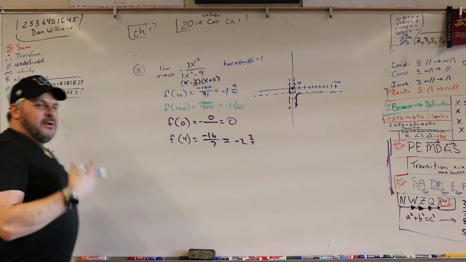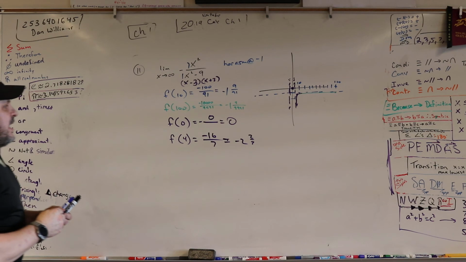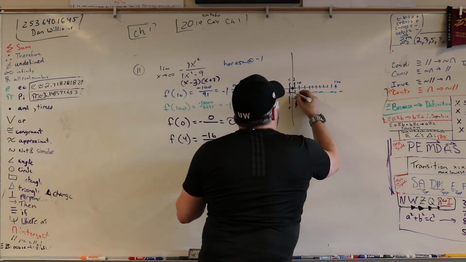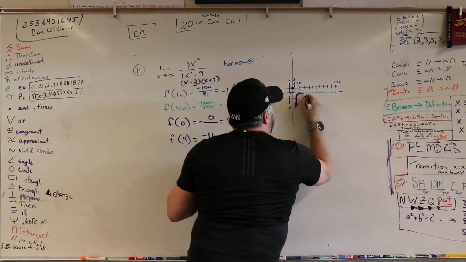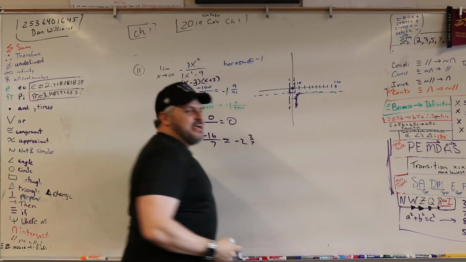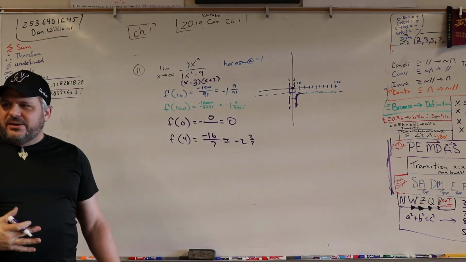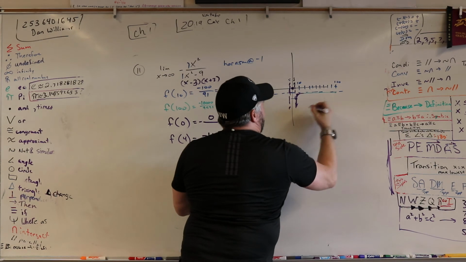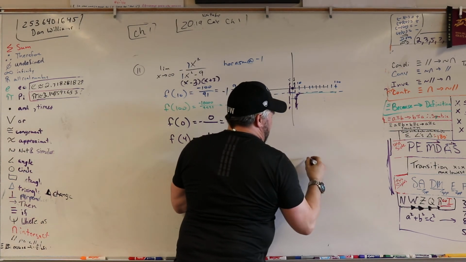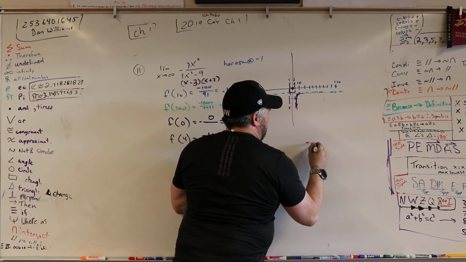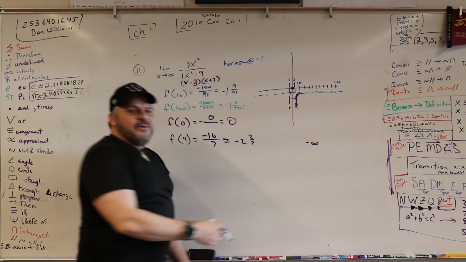So 14 to 16 is 2. Now you see what's happening here? Now it's going down to -2. See how this changed directions right around 3? After 3, it's going to come from negative infinity at the vertical asymptote.